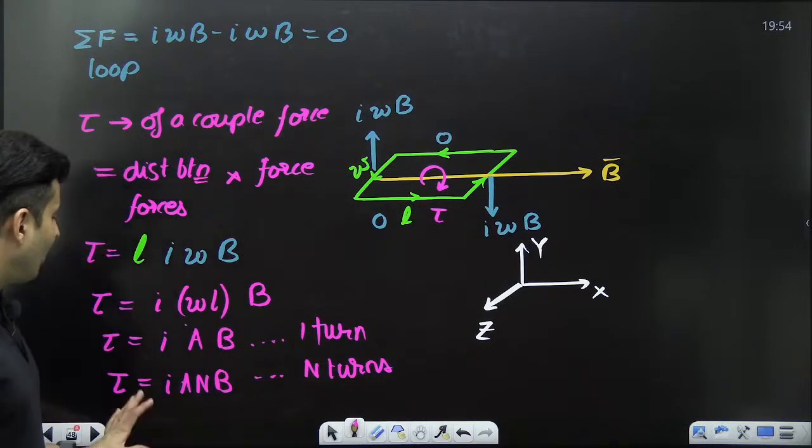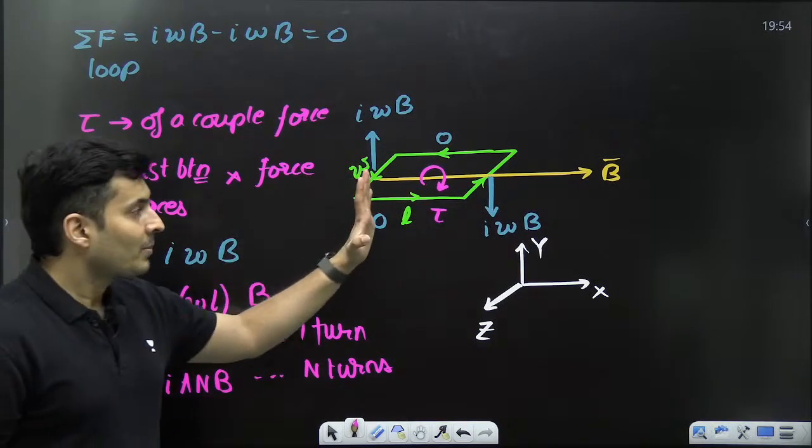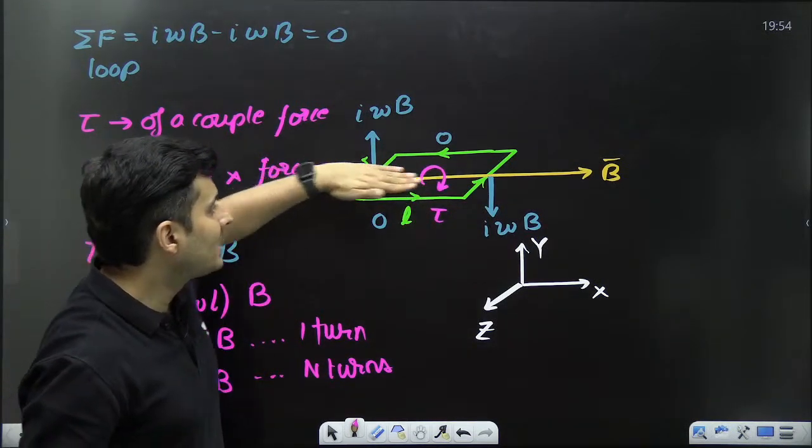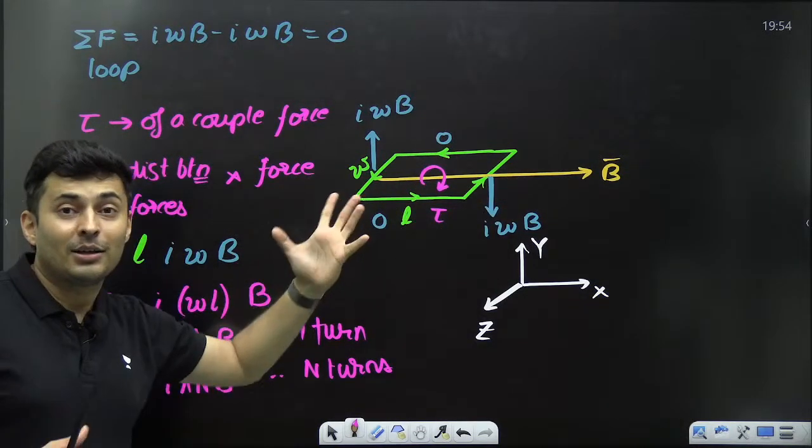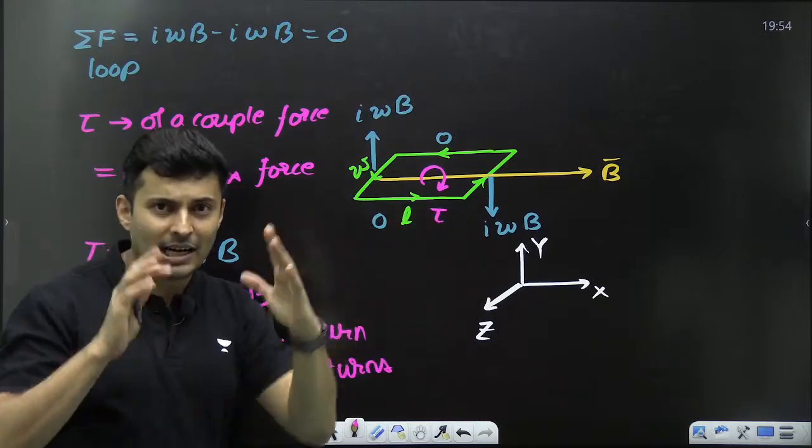Everyone with me? Okay. Now this is when the loop is in the plane of B. But you know what, the loop can be at any angle. We'll come to that.